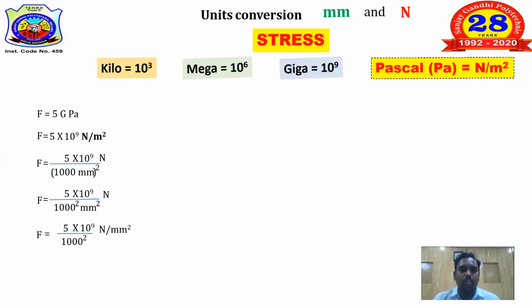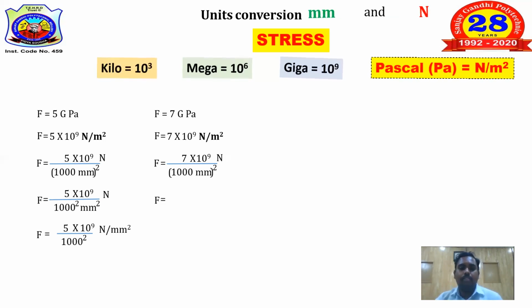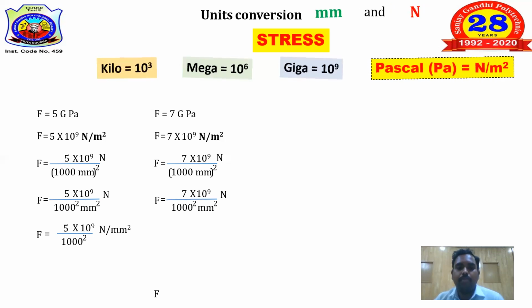So next, F equals 7 gigapascal. So F is equal to 7 into 10 power 9. Pascal is nothing but Newton per meter square. So F is equal to 7 into 10 power 9 Newton divided by 1000 mm whole square. On removing the brackets, it becomes 1000 square mm square.